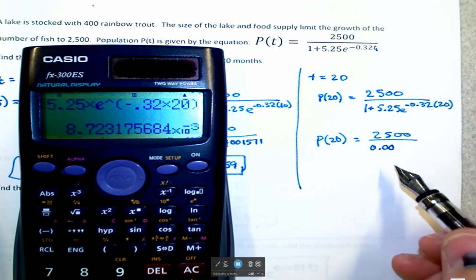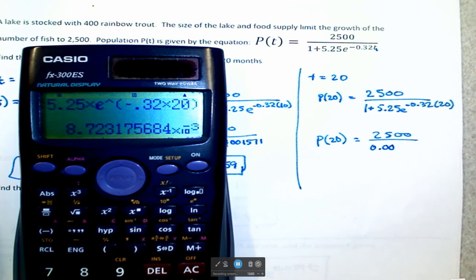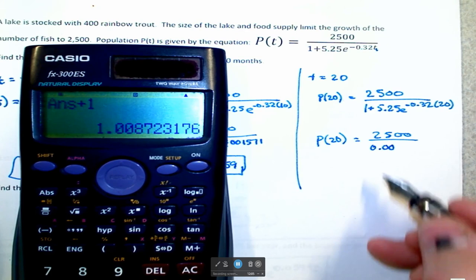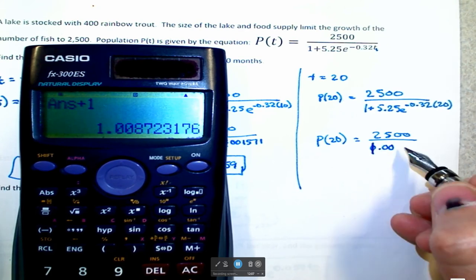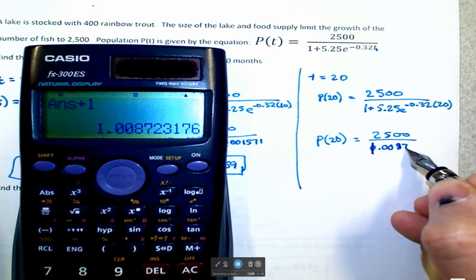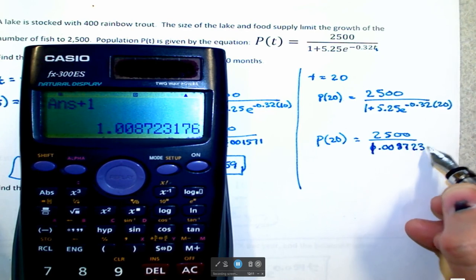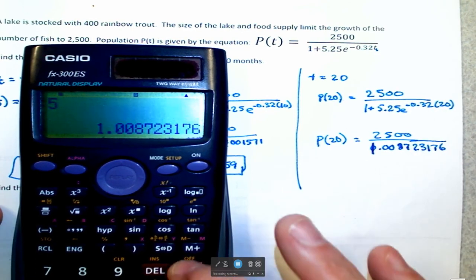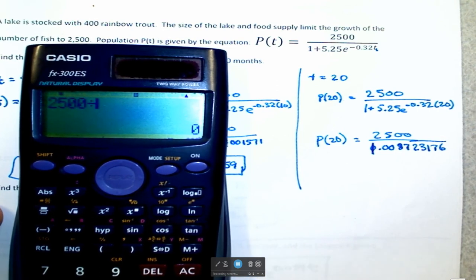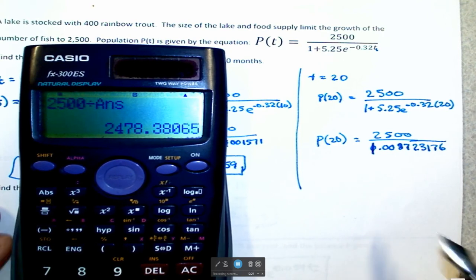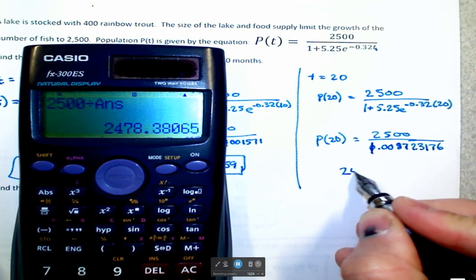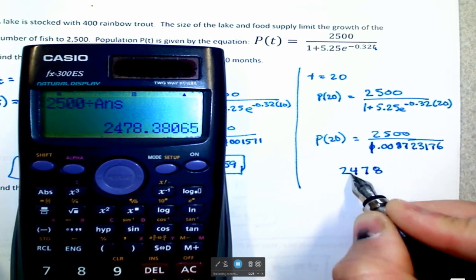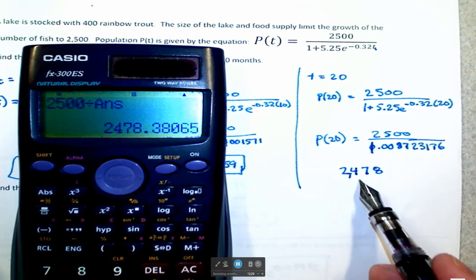Oh wait, I forgot, I have to add a 1 to that, don't I? So plus 1. Don't forget to add that 1. It'll be 1.008723176, something like that. Now if I take that 2,500 and divide it by this number, I get 2,478 after rounding down.